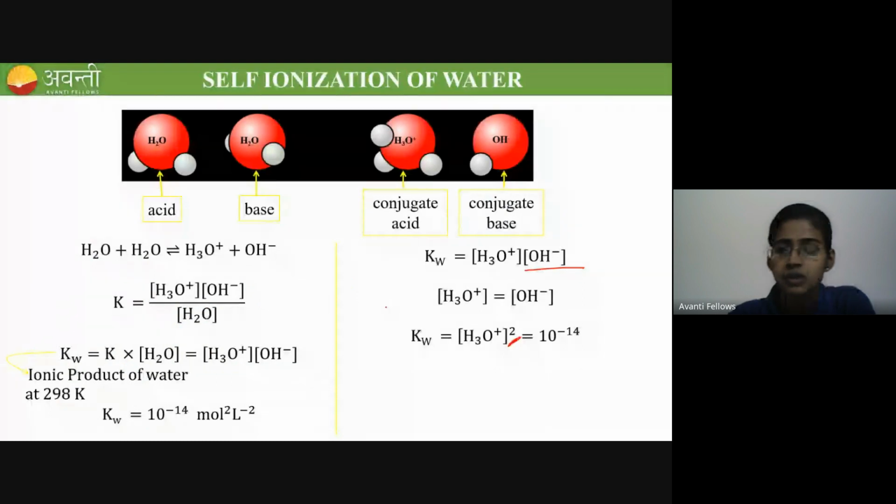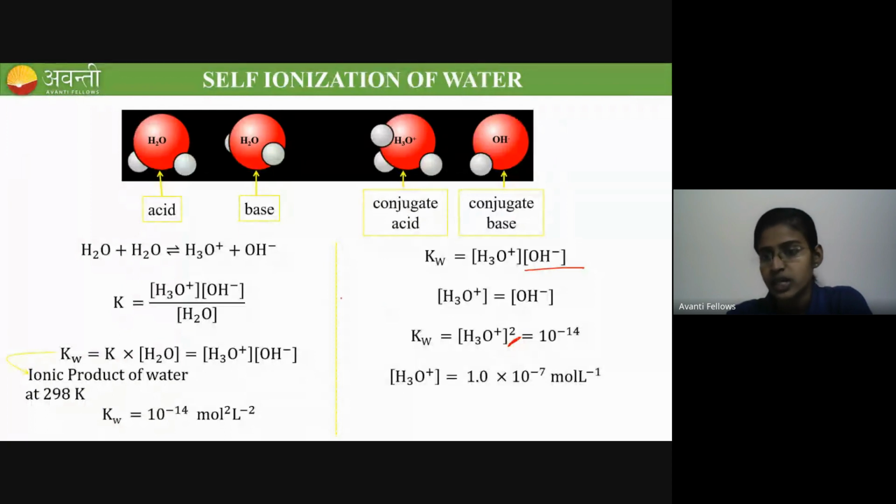From this, the concentration of H3O plus can be found by taking the square root, which gives 1 into 10 power minus 7. So these are the details about the self-ionization of water.